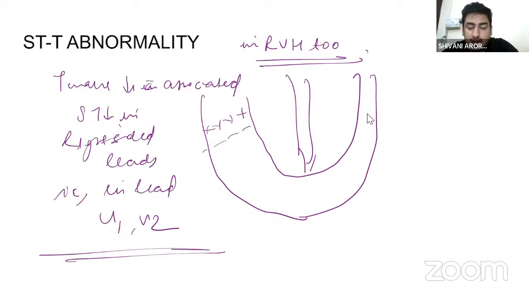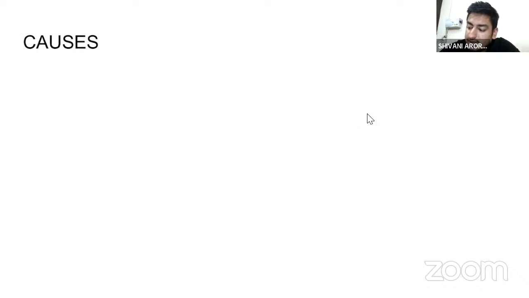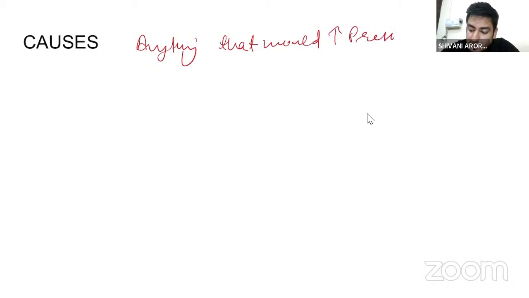Now, what are the causes of RVH? Anything that would increase pressure on RV would lead to RVH. First and most common cause is LV failure or LVH would eventually lead to RVH.